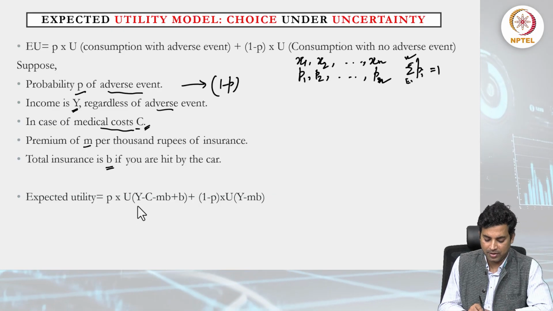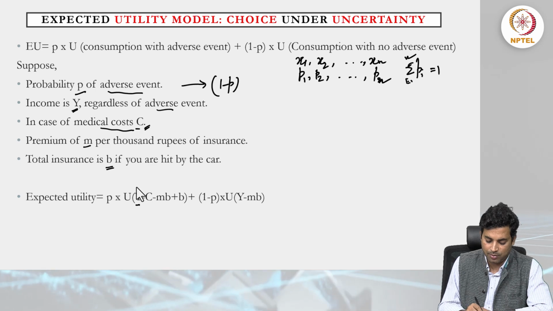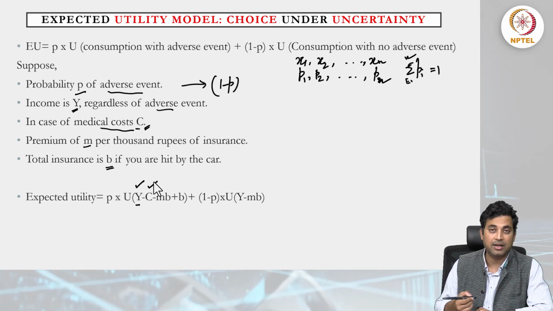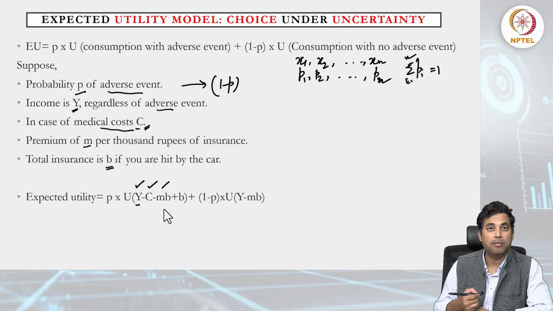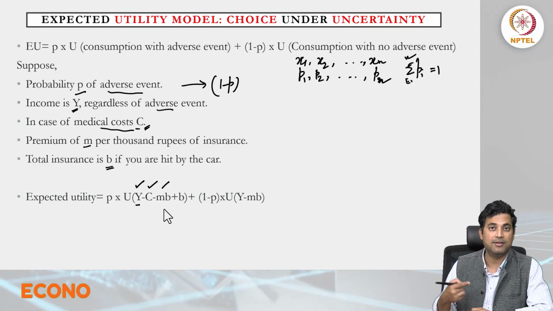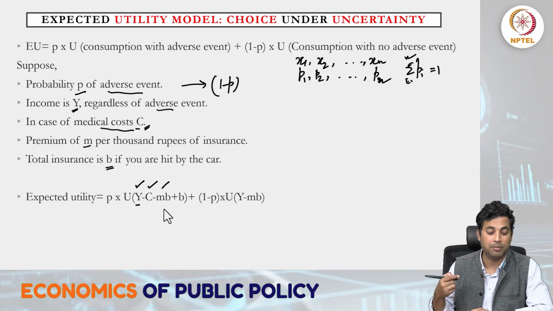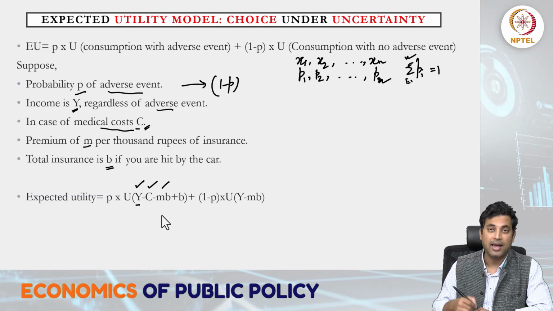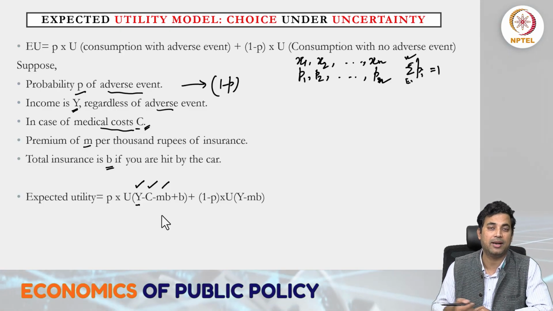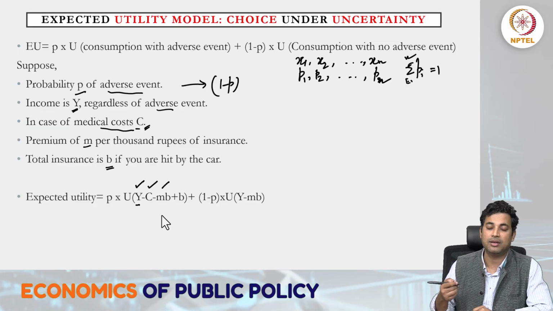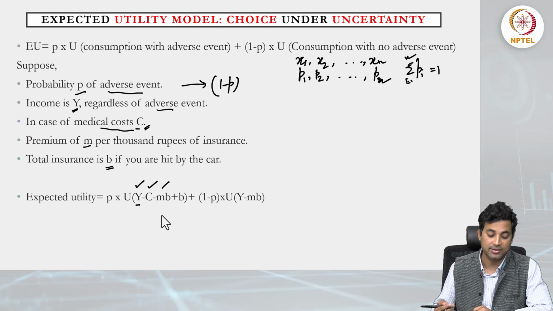That will be y, the total income, minus the total medical cost, minus M, the premium per 1000 rupees, for B, the total insurance. B is the total amount of insurance that I'm planning to buy, whether it is 10 lakhs or 20 lakhs or 50 lakhs or 1 crore.